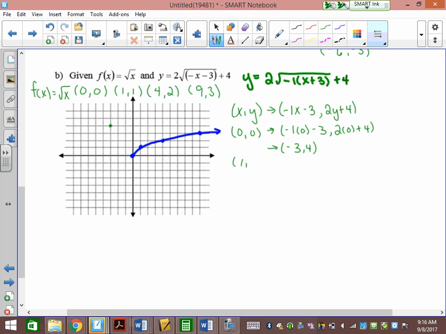Then we have 1, 1. So we get -1 times 1 minus 3. 2 times 1 plus 4. So you get -1 minus 3, 6. So -4 and 6. And then the next one's going to be off this graph. So it's going to look like this. Keep drawing it.